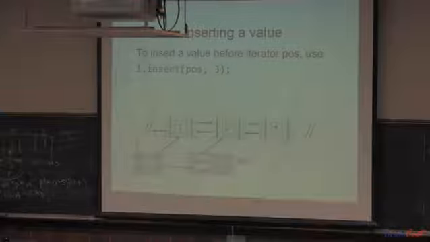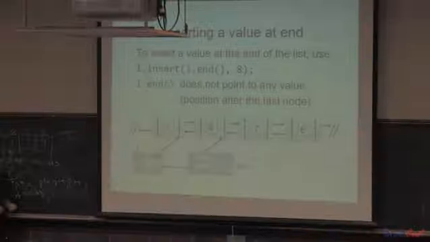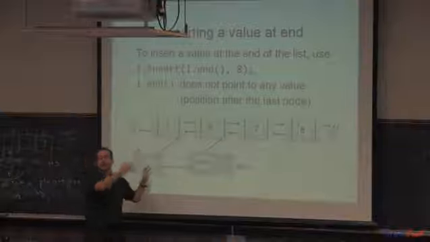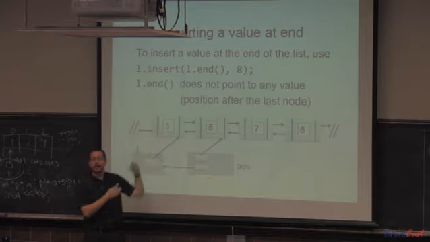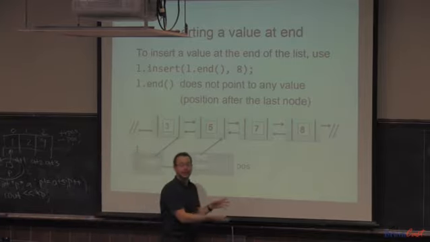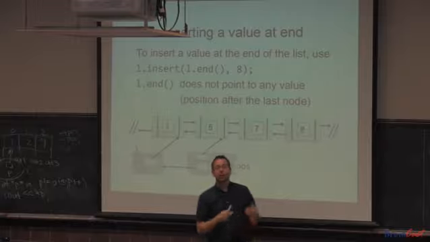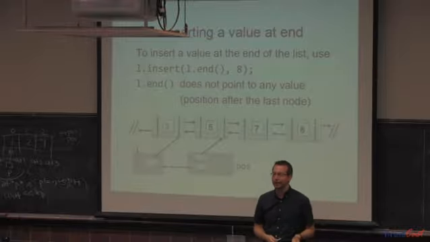Okay? Now, if you want to insert at the end of the list, remember you have to insert before the node after the last element. So you have to insert before L.end. Since L.end is the element after the last element, you want to insert before that. So that would be the argument for insert if you want to tack on 1 at the end. Or you can just do L.push_back, right?